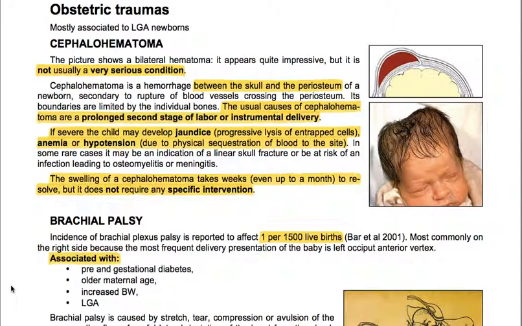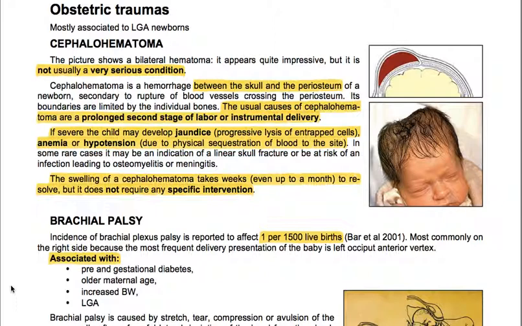It's a hemorrhage between the skull and the periosteum of a newborn, secondary to rupture of blood vessels crossing the periosteum. Its boundaries are limited by the individual bones. The usual causes of cephalohematoma are prolonged second stage of labor or instrumental delivery. If severe, the child may develop jaundice, due to progressive lysis of entrapped cells, anemia, or hypotension due to physical sequestration of blood to the site.